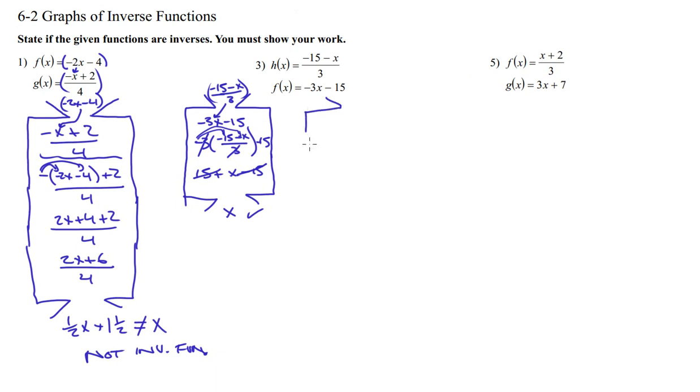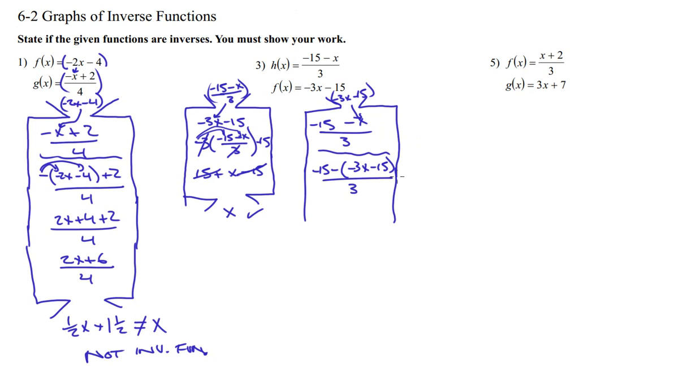So make a new function machine, and then now this negative 3x minus 15 is going to go into this function, negative 15 minus x all over 3. So this goes in for this x right here. So we got negative 15 minus, and that's negative 3x minus 15 all over 3.